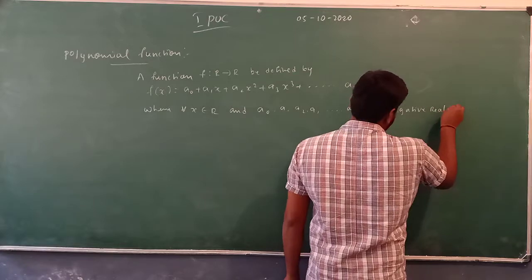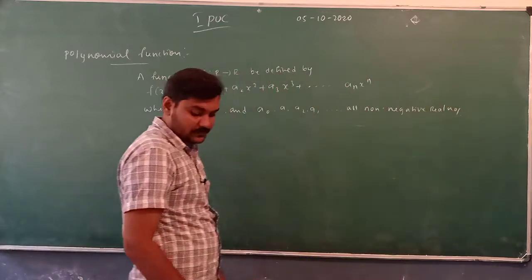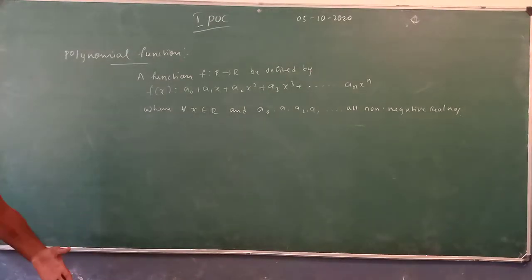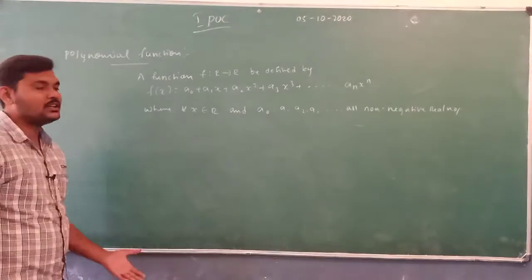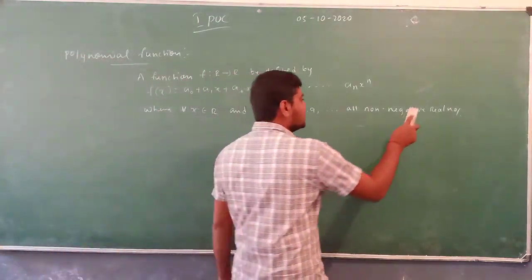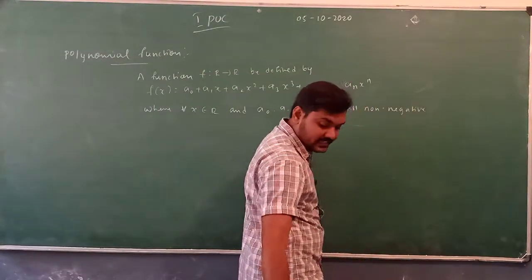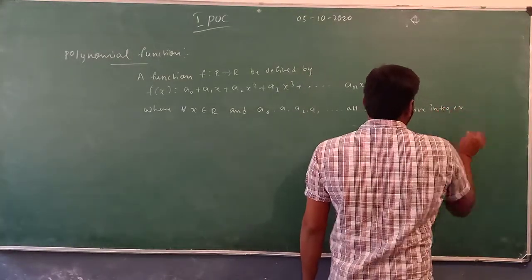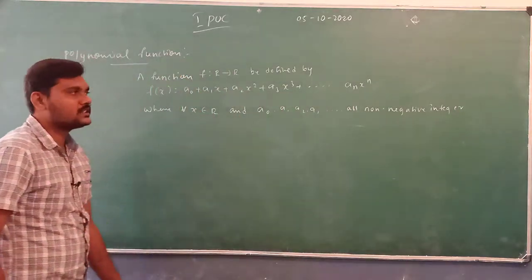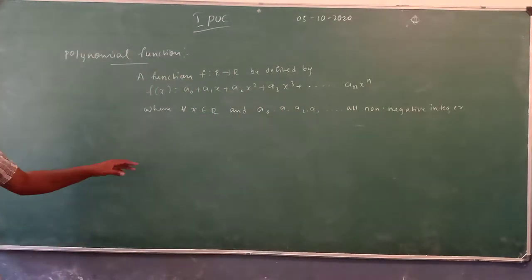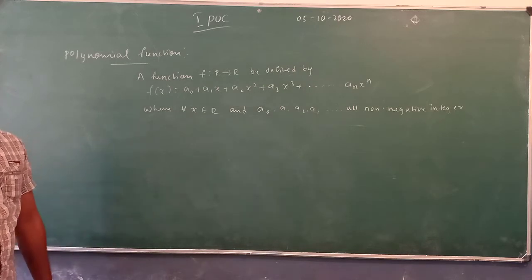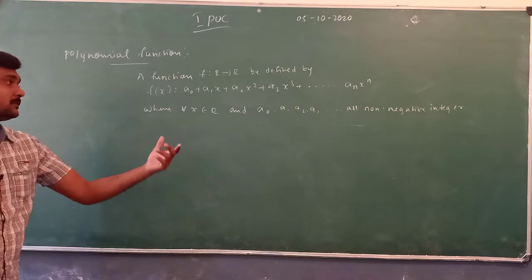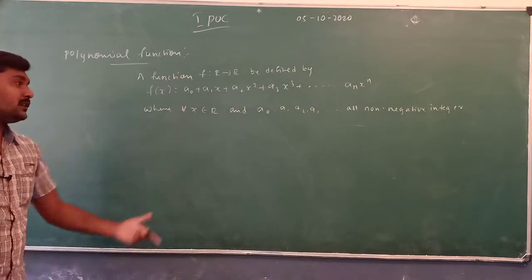Okay, or we can say that non-negative integers. Instead of real numbers we can also mention the integers. So is there any difference between integer and real numbers? In the polynomial we mainly come under the integers, so we can use all non-negative integers. So real numbers may not suit this type of polynomial function.